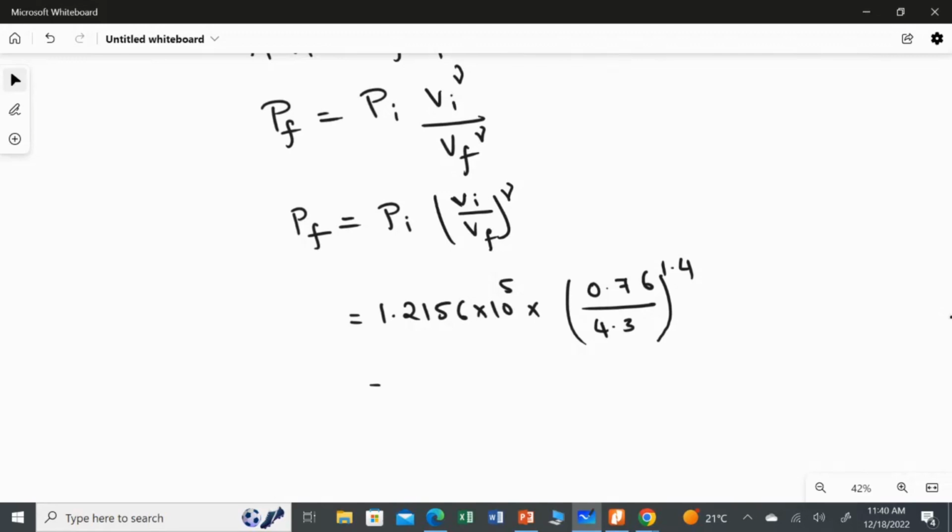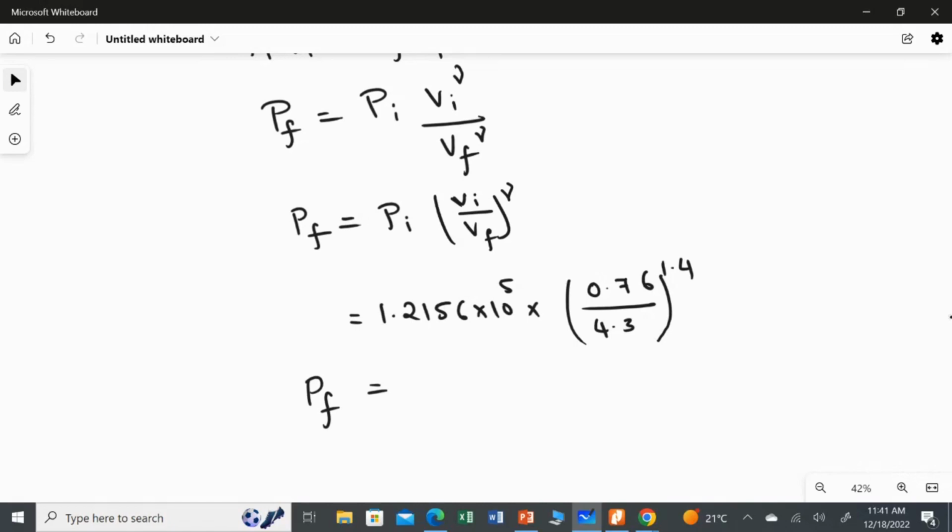So now I'm going to calculate. Let's see what the answer is for the first part. 1.2156 times 10 power 5, multiplied by 0.76 over 4.3, to the power 1.4.